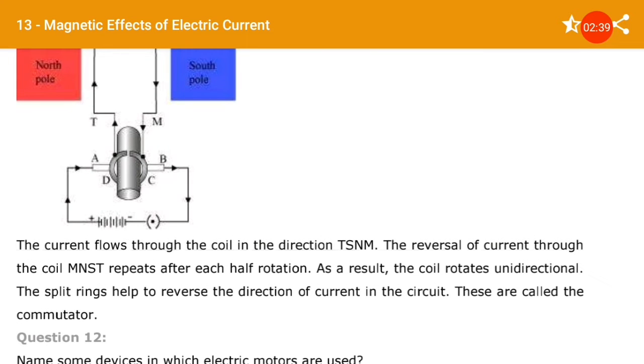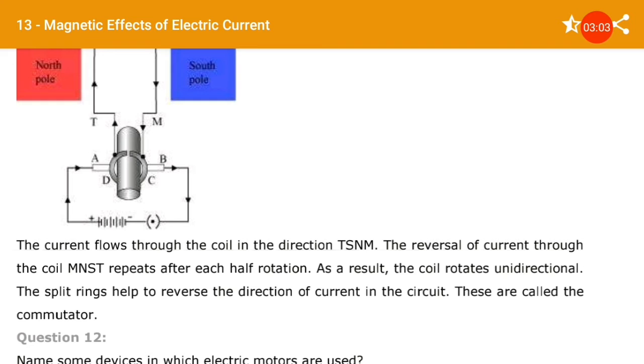The current flows through the coil in the direction T, S, N and M. In place of T, S, N, M, you can use A, B, C, D also, which is allowed and given in the textbook. The reversal of the current through the coil MNST repeats after each half rotation. As a result, the coil rotates unidirectionally.